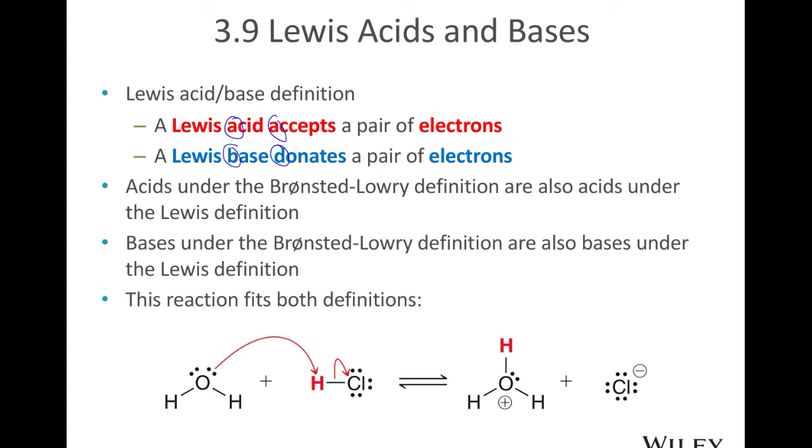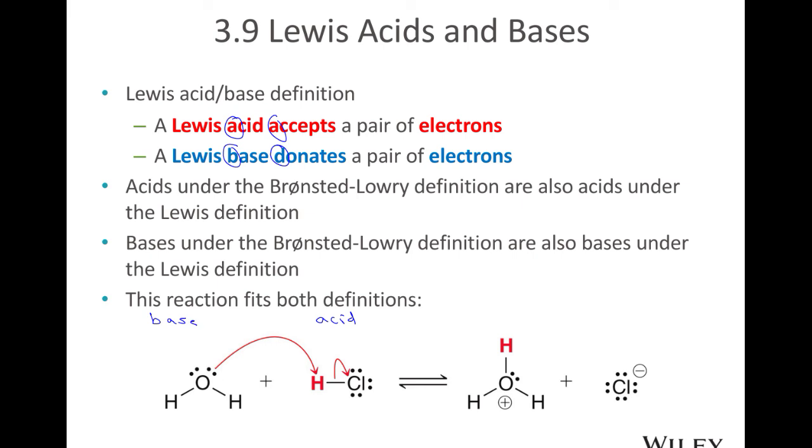So acids under the Bronsted-Lowry definition are also acids under the Lewis definition. Here's an example at the bottom. We could regard this as a Bronsted-Lowry acid-base reaction, but we can also view it as a Lewis acid-base reaction. If I take a look here, obviously HCl must be my acid, right? It's a proton donor, and the water is behaving as a proton acceptor, so this would be a Bronsted-Lowry base.